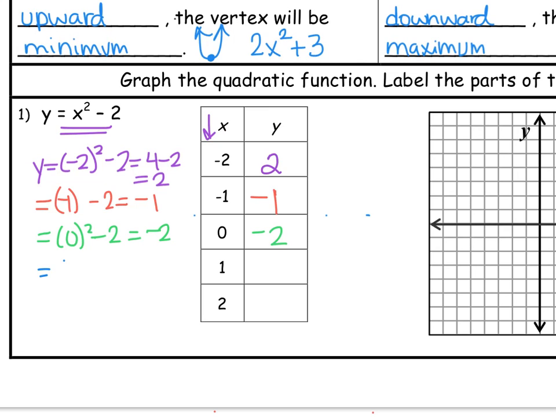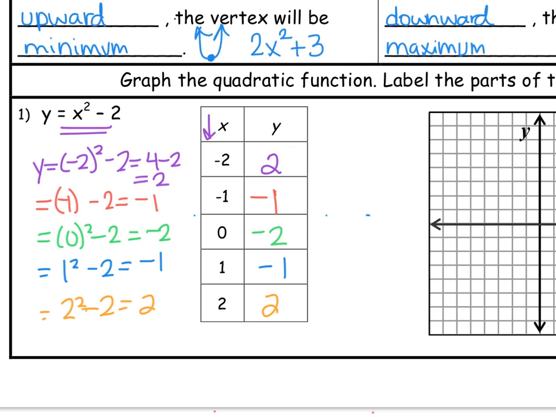And then 1 squared minus 2 gives us -1. And finally, 2 squared minus 2 gives us 2. If you look at these points, you might notice that these two are the same and these two are the same, and this is where we can see some symmetry.